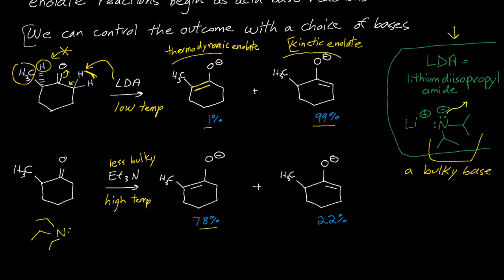So the temperature allows reactions to equilibrate back and forth until they settle into the lower energy form, the more stable form. Of course, clearly this is aided by the less bulky base, which is able to remove that hindered proton right there, creating the enolate on that side. Still not as good a yield as above, but chemists will take what they can get. We'll take this over a 50-50 yield any day.